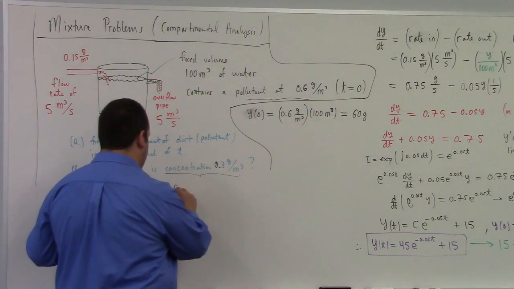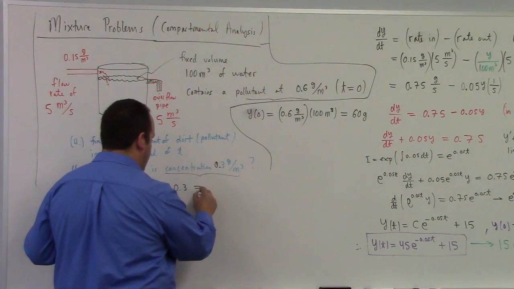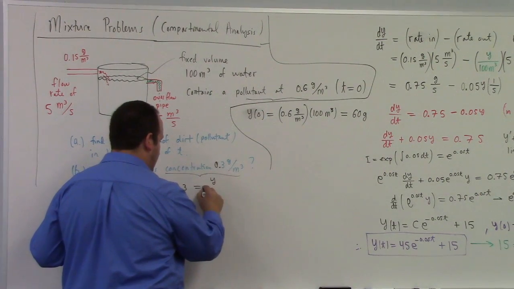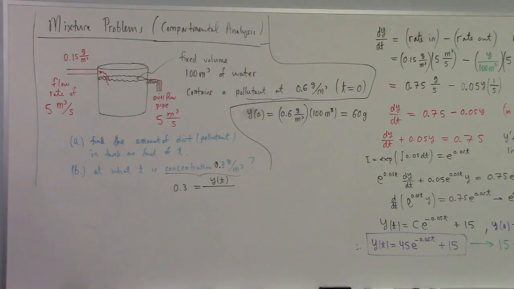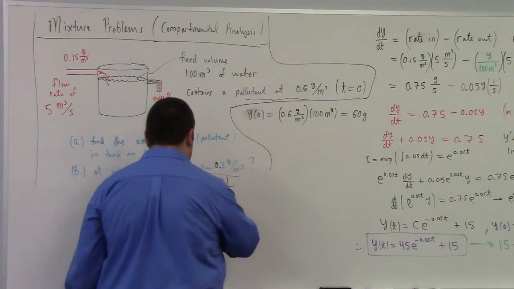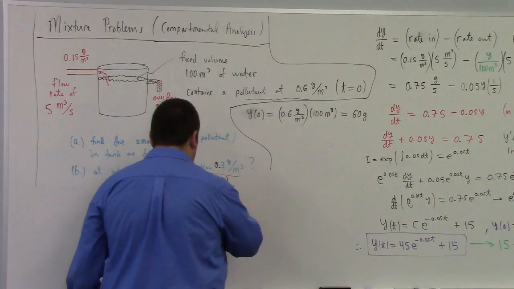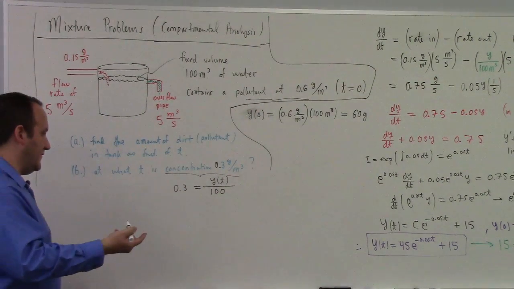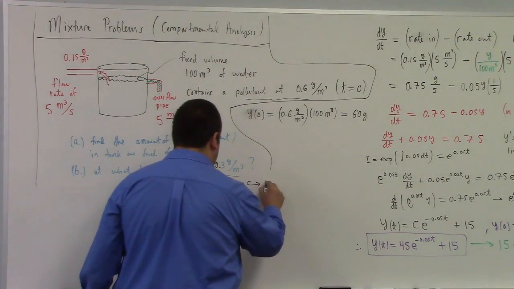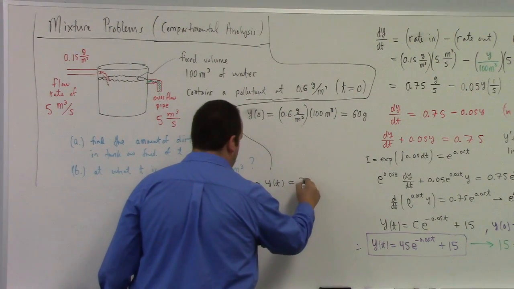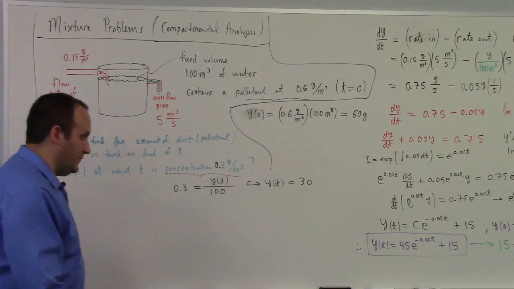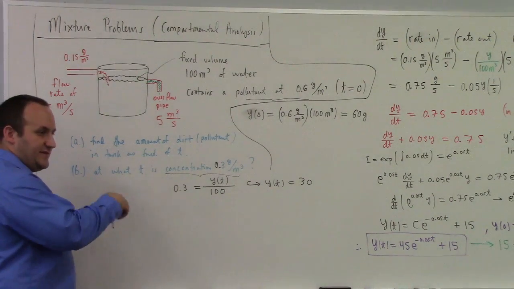You need 0.3 equals y, of the time we don't know, divided by what? The 100, right? Because to get concentration, take the total grams divided by the volume. So that shows me what I'm trying to find: what time gives us y of t equals 30? Once you figure that out, then it's just algebra.